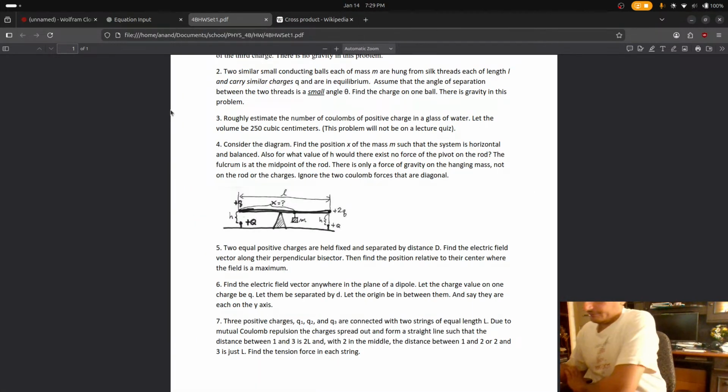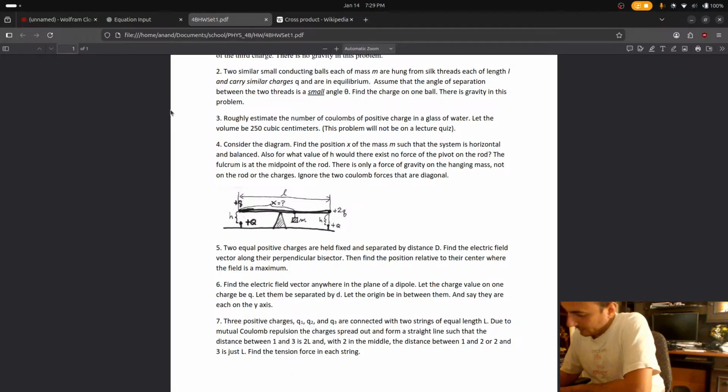So let's keep chugging along here. So now we have one of the torques. Let's get the torque due to the left one, which is equal to R L cross the force of Q4 on Q1.